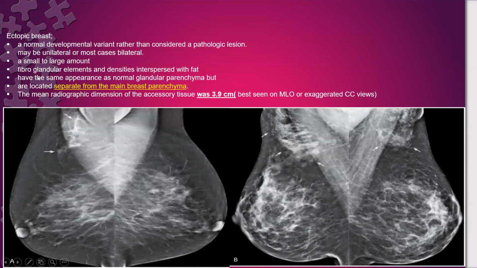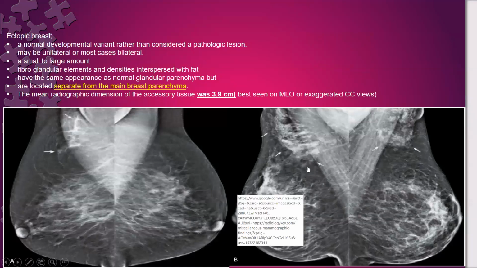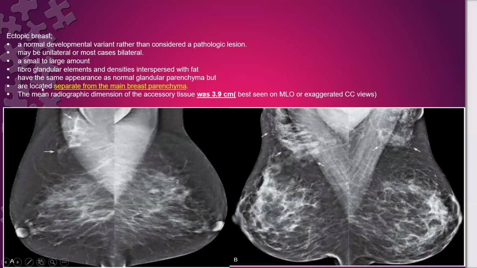It is usually fibroglandular density with sparse fat, similar in appearance to the fibroglandular tissue of the regular breast.